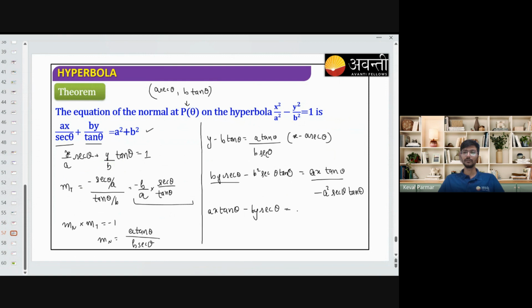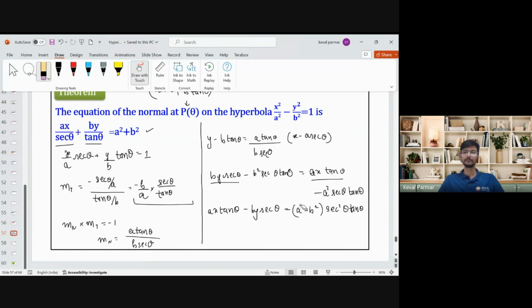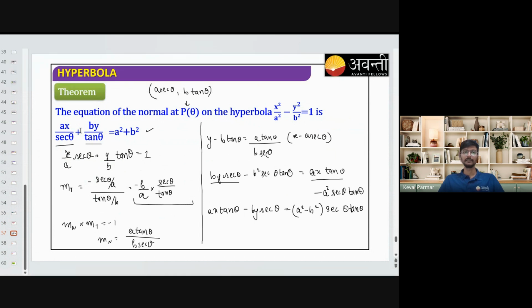And for the rest, a square minus b square, you can take common sec theta tan theta. I think here it should be minus. Sorry, my mistake.